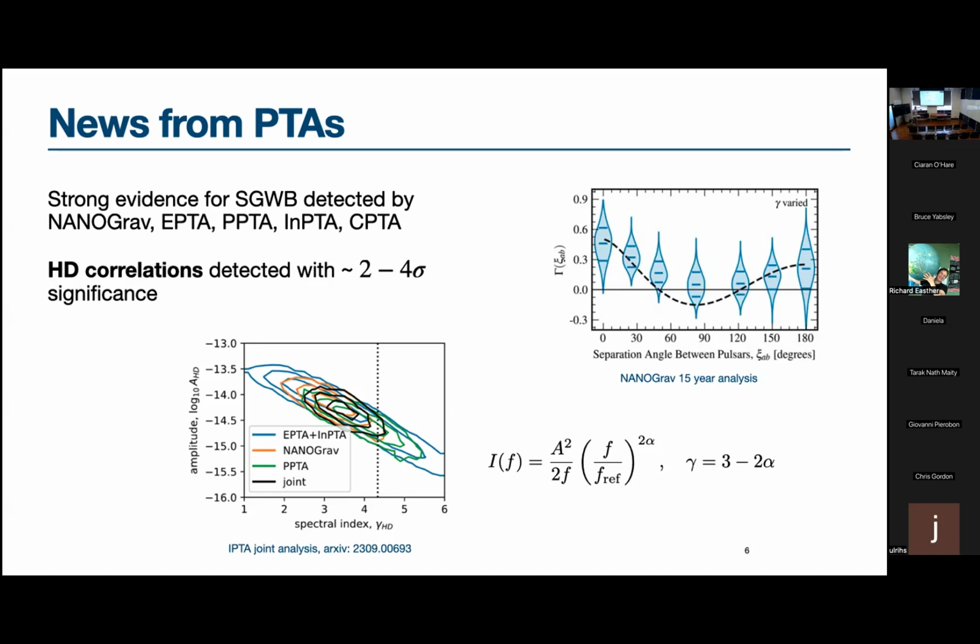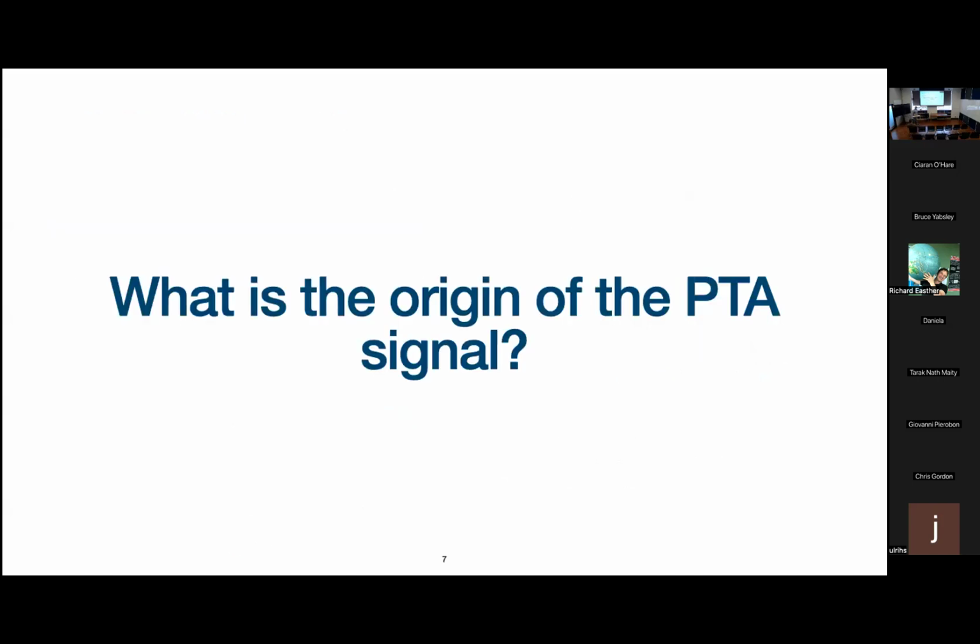And so the evidence for the HD correlations ranges from 2 to 4 sigma. And what they already have is modeling the gravitational wave spectrum as a power law in the intensity, for instance, to get constraints on the amplitude A and the spectral index, denoted as gamma, of the gravitational wave background. But the question we want to try to address is, what is the origin of this signal?